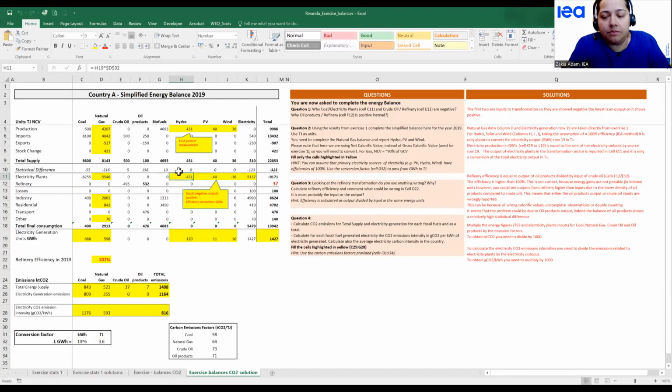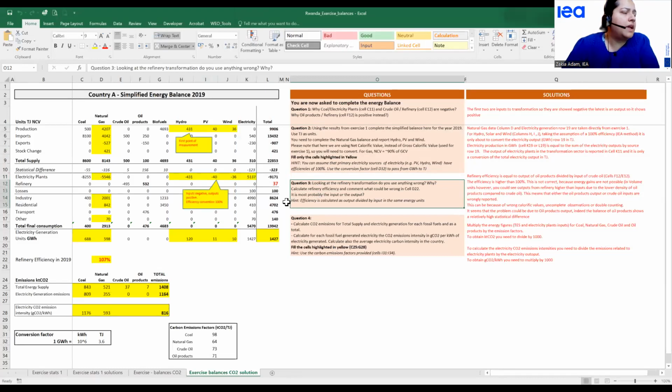And because hydro is an input, you put the negative sign. Same for solar PV and wind, because for all three of them you are assuming 100% efficiency based on the IEA methodology. Here, it's just the total converted to terajoule. And in production, you just put it equal to electricity plants, but you remove the negative sign. So it's the same. That's fine for exercise 2.